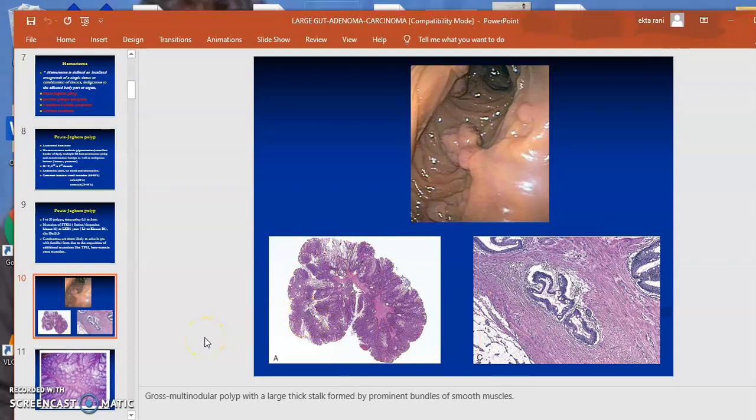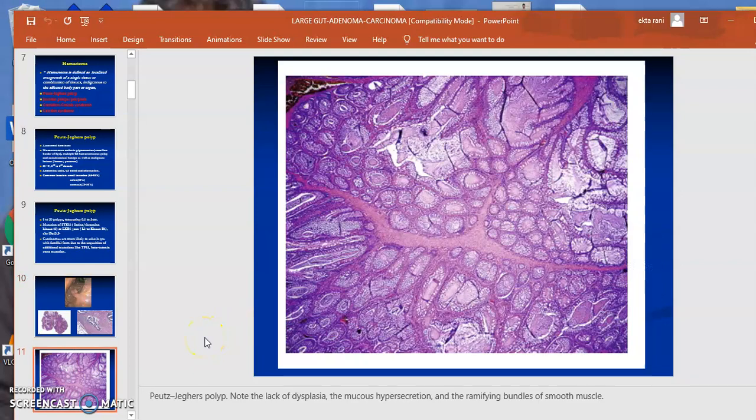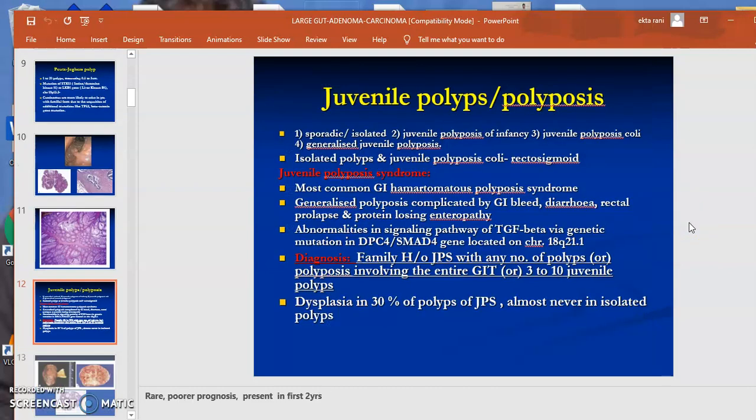So Peutz-Jeghers polyp has the characteristic feature of smooth muscle bundles. These are the smooth muscle bundles along with mucosal glands, tubular mucosal glands.